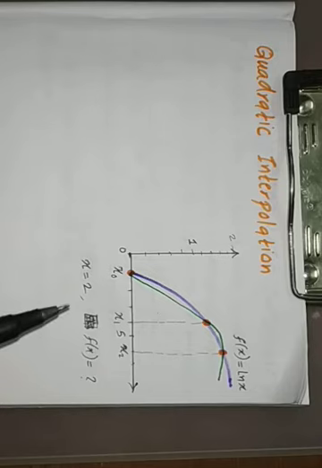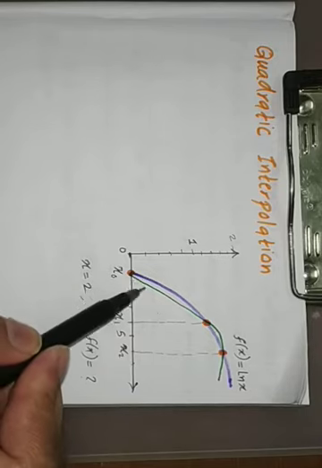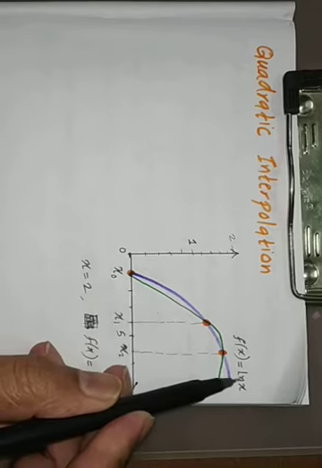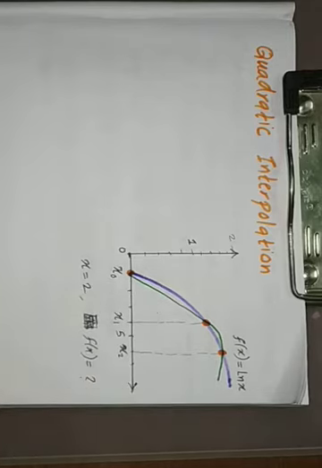Let us assume that we don't know the variation of this, we don't know this is a natural log of x, and we want to find out one intermediate value, that is x is equal to 2. Okay, what is the value of this function?